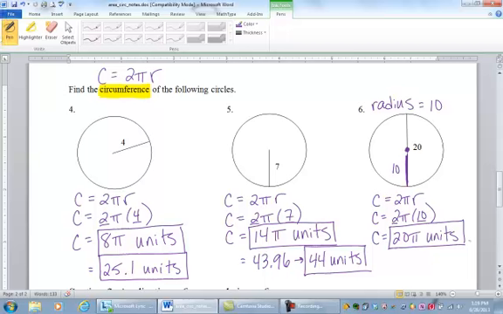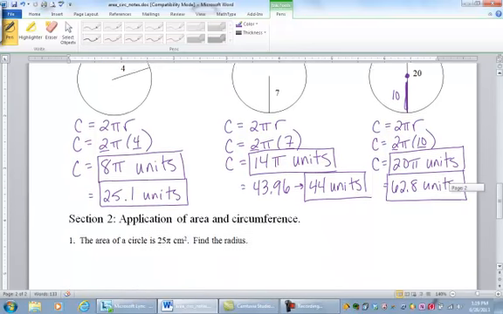And then you can go to the calculator and do 20 times 3.14 and get 62.8 units. So it's your job to talk to your teacher and figure out the way that he or she might want you to write your answer. And it's also really important to know that these answers all mean the same thing. Just one of them has a pi in it and one of them has been multiplied by pi in the calculator and rounded.